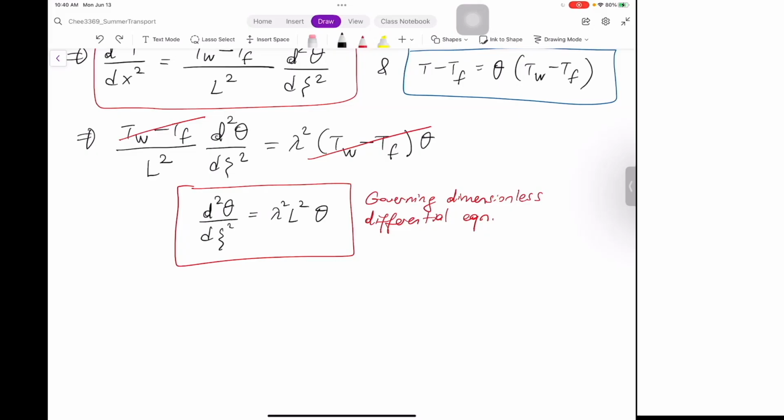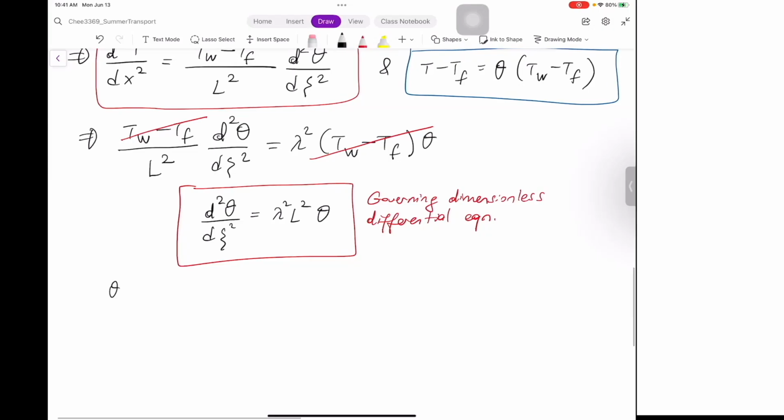Now, from analytical methods, probably you know how to solve this equation when the second derivative of a function is equal to itself times some positive number. You can write it in terms of exponential functions, right?